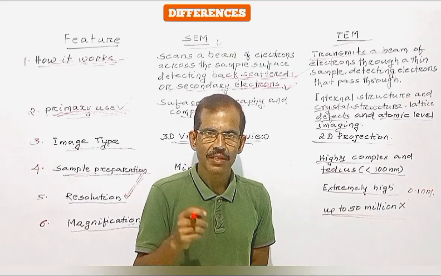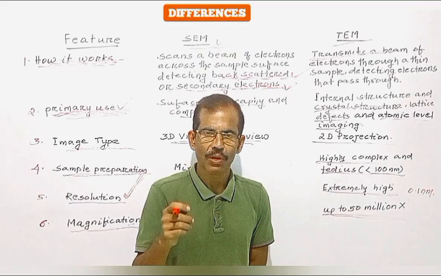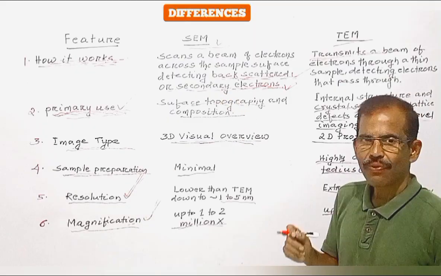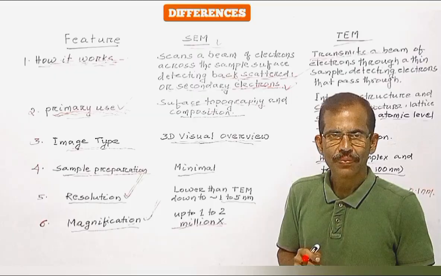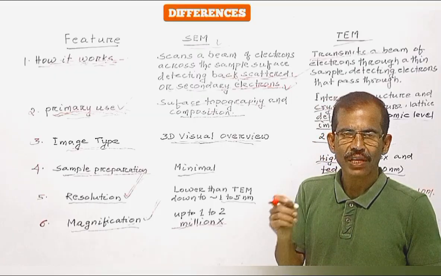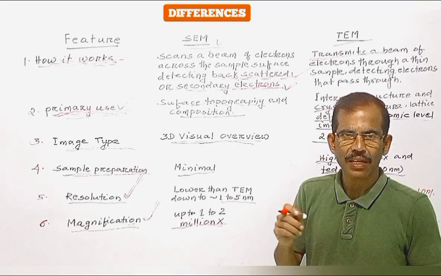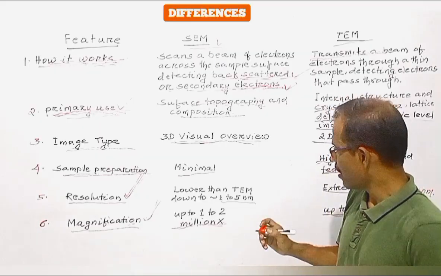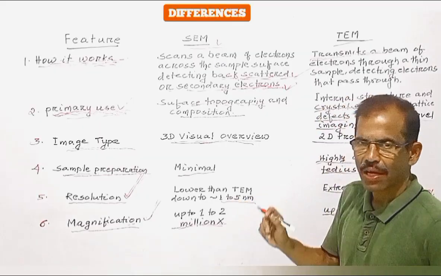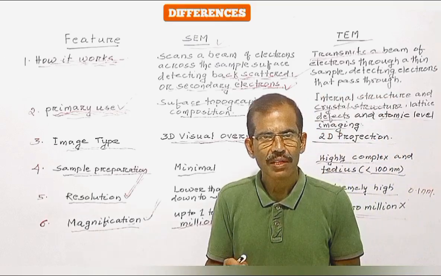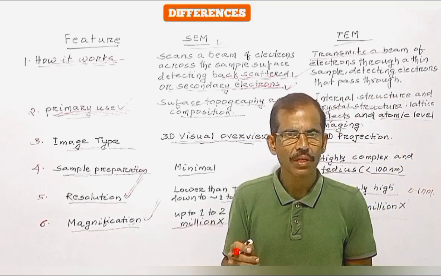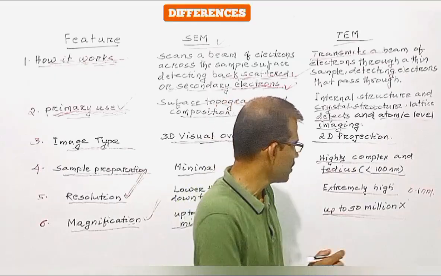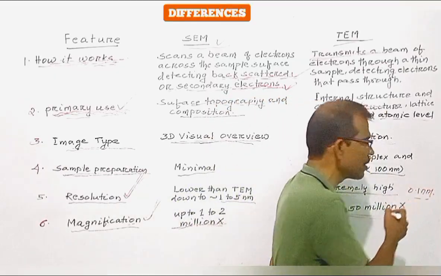These sections are then stained with uranyl or lead acetate to improve the contrast. Number five, resolution. The resolution of SEM is less than that of TEM. Its resolution is about 1 to 5 nanometer. On the other hand, the resolution of TEM is extremely high and it is about 0.1 nanometer.